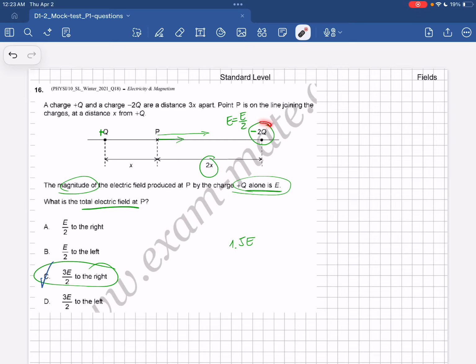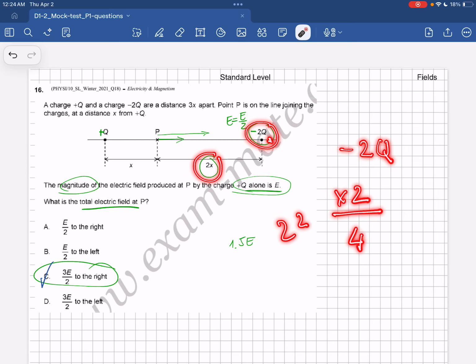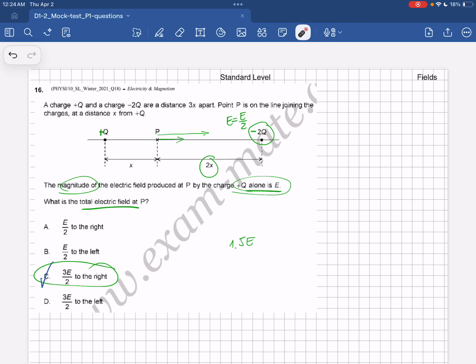The one created by the minus 2q is twice the magnitude of q, but it drops by 4 times because the distance is also twice, so that's 2 squared. So in the end it's just half of the electric field caused by this one, so that should be 1 plus 1/2, so that should be 3/2 to the right, so that's C.